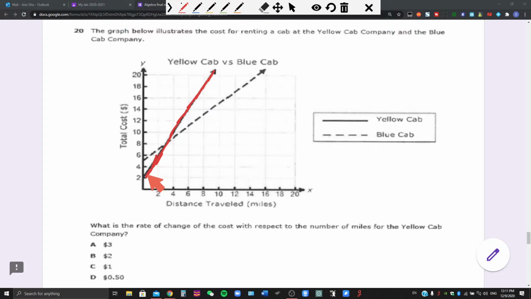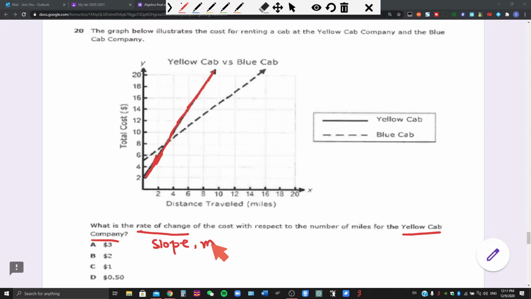They are only asking for the yellow cab company, so we only need to take care of this line. Rate of change, if you know what they mean, that's slope, or M. So they're asking you what is the slope for this line, right? You have to understand the question.